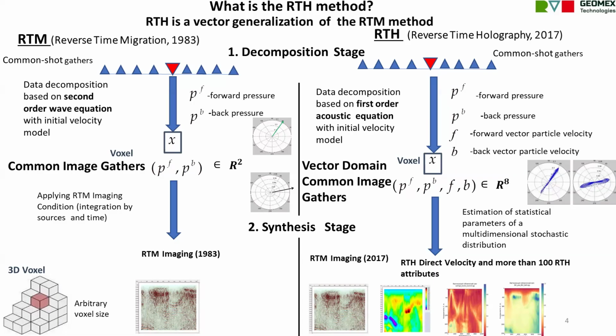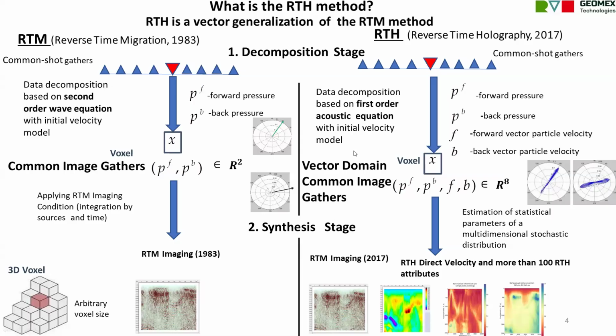What is it for reverse time migration? Obtaining a common shot gather, we decompose using two wave second order equations, for the forward and for the back, with reverse time, and obtain for each voxel two values of pressure, forward and back. It is a data set called common image gather. For each voxel we obtain two values.